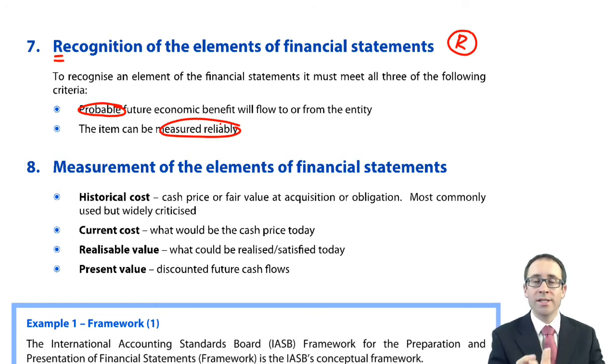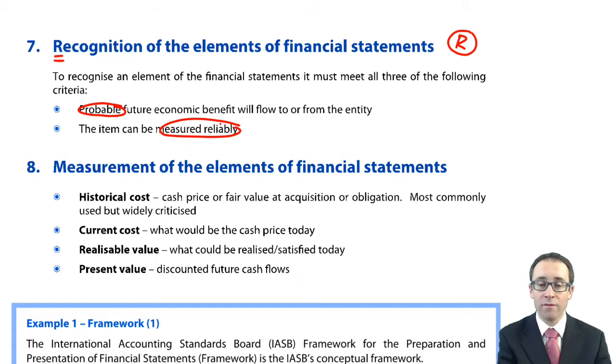So there are some intangibles that we will see, such as brand names, that we cannot measure reliably and therefore cannot be recognized within the financial statements. It may meet the definition of an asset, but if it can't be measured reliably, we're not going to make up a number and just throw it within the financial statements. So there's two things that we need to look at there: probable future economic benefit and measure reliably. If that's the case, then it can be recognised.